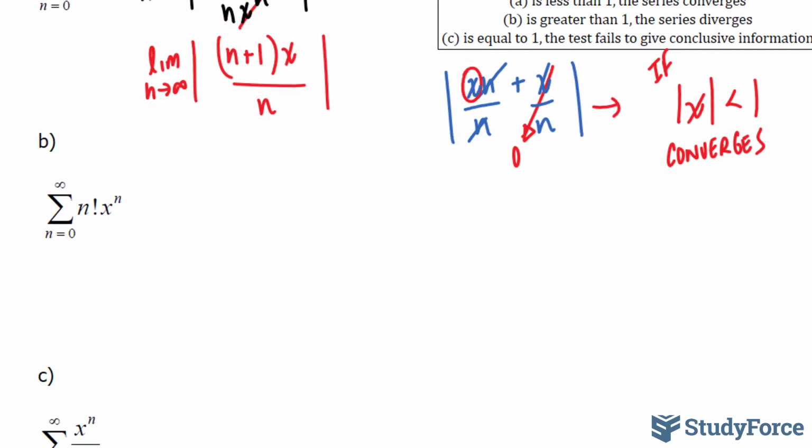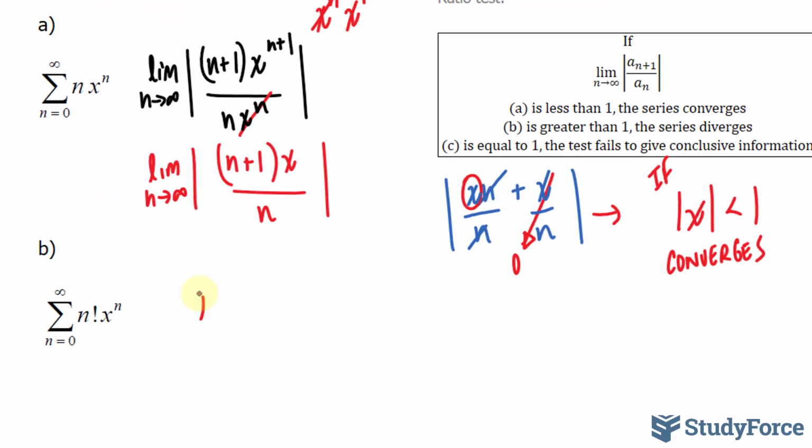Here our series function is n factorial times x to the power of n. If you're confused about what this symbol means, make sure to watch part 1 where I showed you an example with factorials. I'll follow the ratio test where I have the limit as n approaches infinity of the absolute value of our function where n's are replaced with n plus 1.